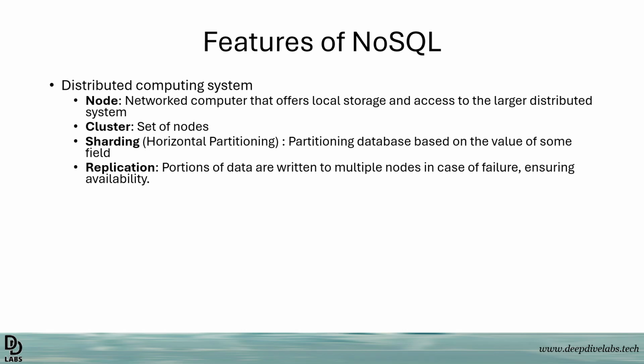There is a key that is used to partition your data across multiple data clusters. Another thing in order to make sure the distributed data store works is replication, where multiple copies of the data are maintained. Portions of data are written to multiple nodes in case of failure, to ensure availability.